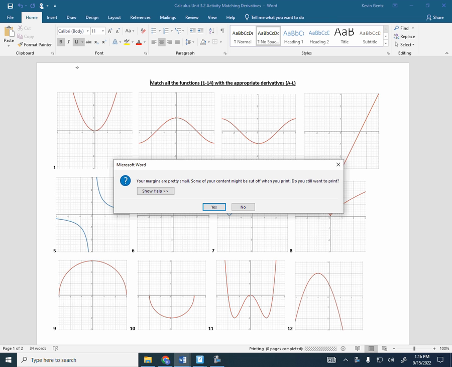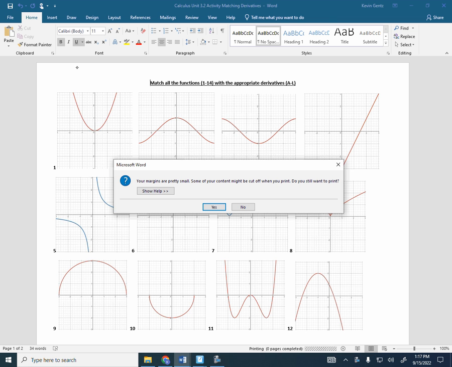What's the derivative here? Nope. 0. So then you're looking for something that crosses the x-axis. What's the derivative here? Positive. Okay? So we're looking for something that's below 0 and above. Nope. Let's think about some other things, okay?